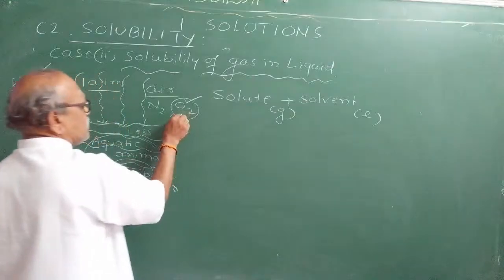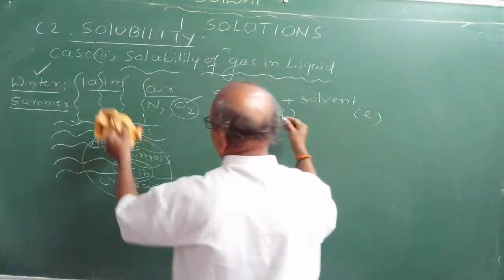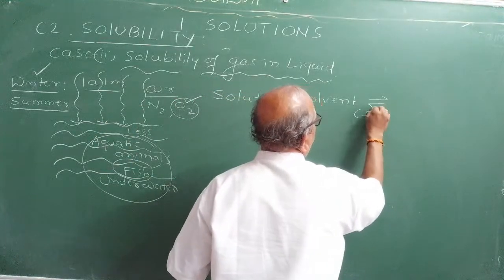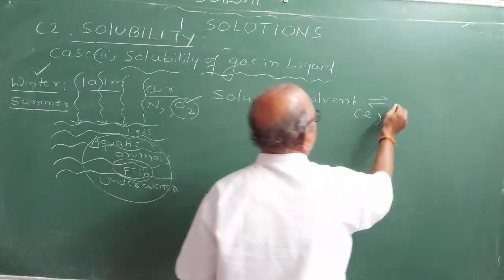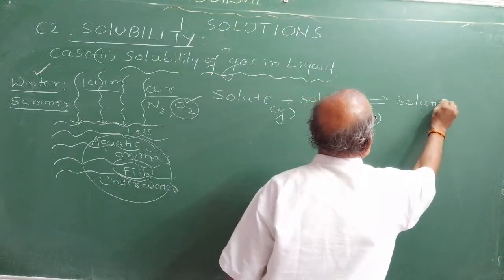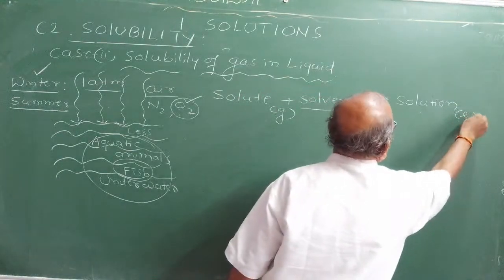When saturation is crossed, again there exists an equilibrium, forming a particular solution. The solution will be decided by the solvent. This will be in the liquid state.